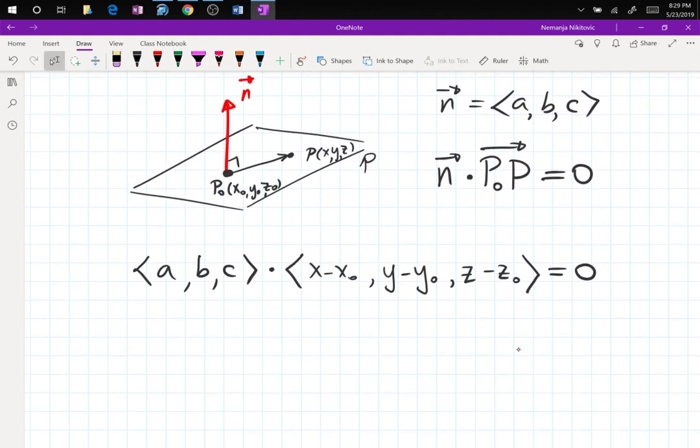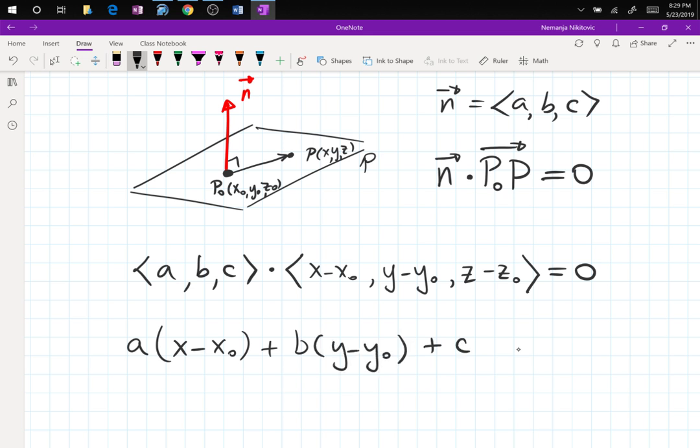We multiply the first component with the first component, then add b times y and c times z. So we get a times (x minus x0) plus b times (y minus y0) plus c times (z minus z0) equals 0.